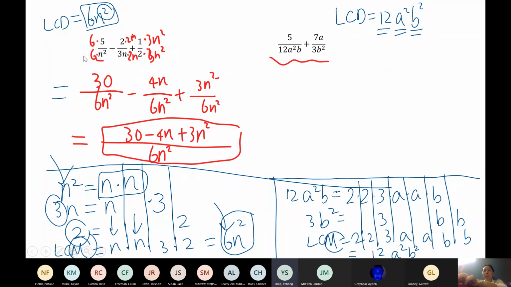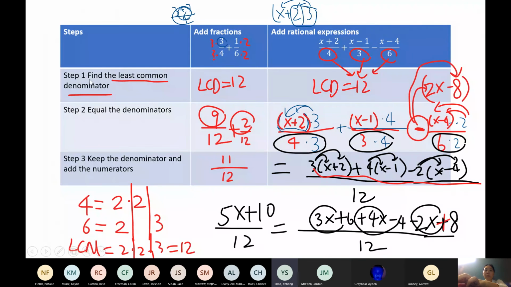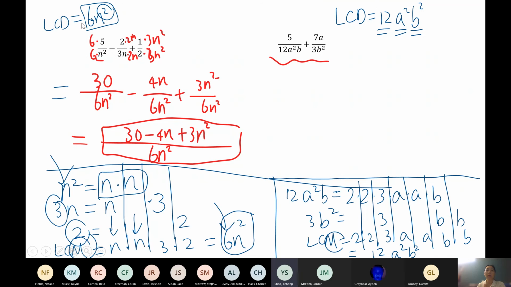The first step, again, is still the same: we need to find the least common denominator. I did give you a tip, and if everybody can remember the tip, that would be great. If you somehow forgot the tip, you can use the way we reviewed during the first week of class to find the least common multiple of numbers.